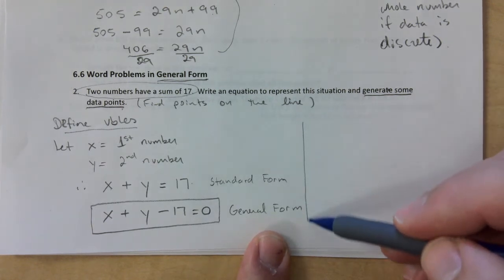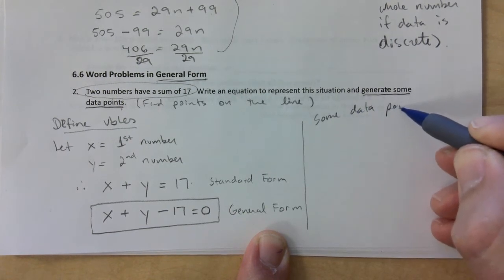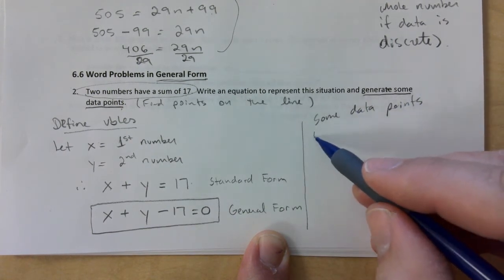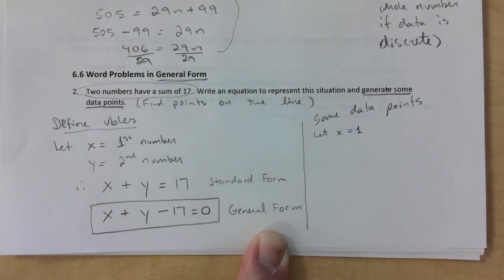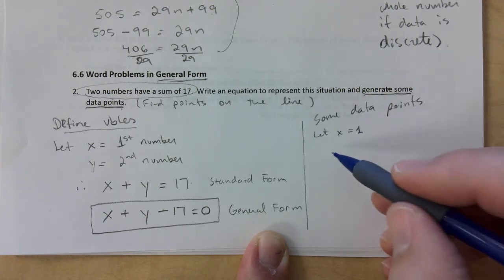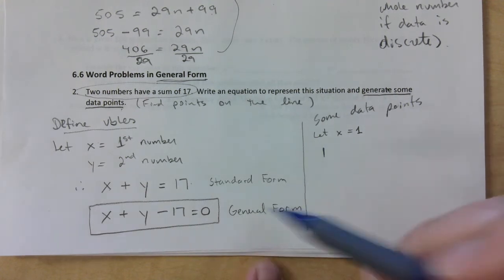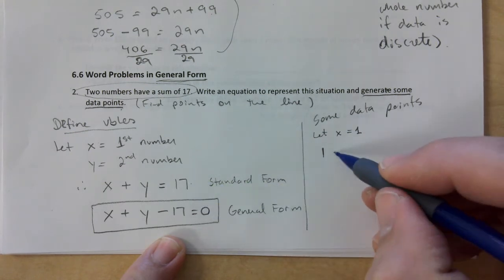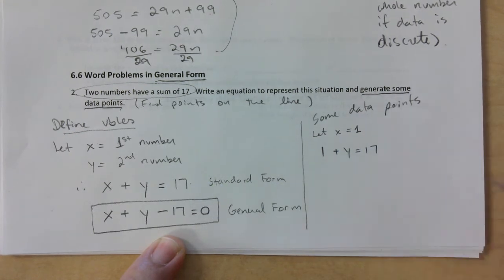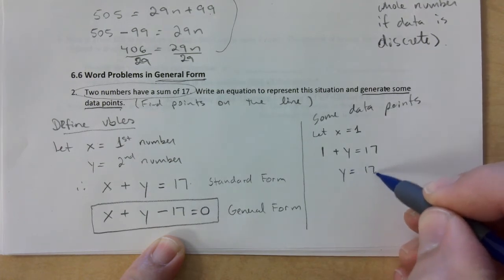Data points. And this is where you just let x equal to 1, for example, is the independent variable, right? So you let x be things, right? That means that you would go 1. You can use either equation, either one of them. 1 plus y is equal to 17. So then y would be 17 minus 1.